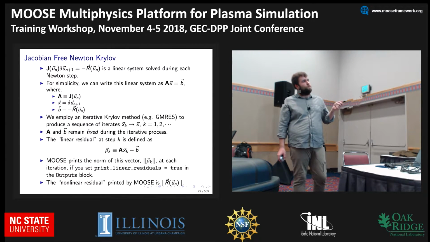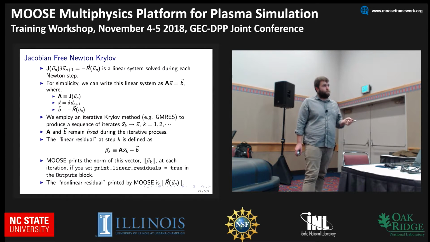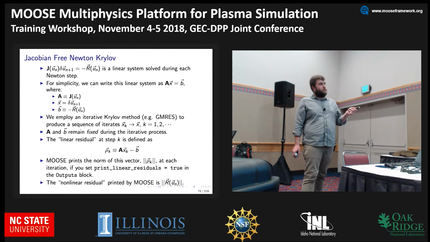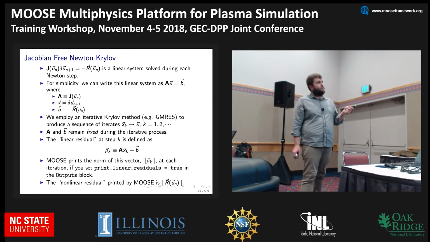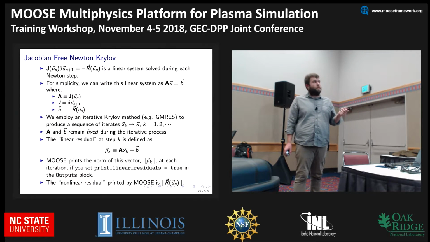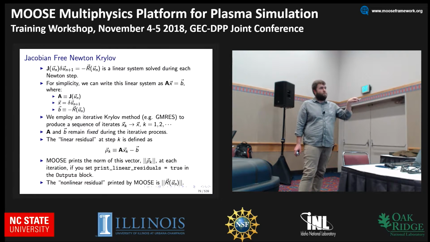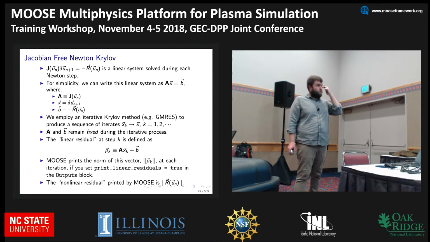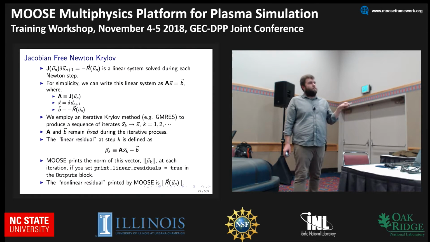The linear residual is defined as rho equals the Jacobian multiplied by the iterate minus our residual. Moose prints this for every linear step, which is what you saw on the screen during step 1. If you set print_linear_residuals equals true, it'll show you that, but that's on by default.